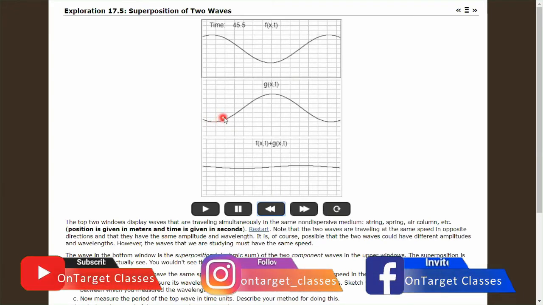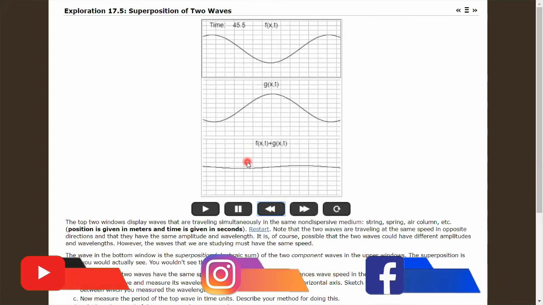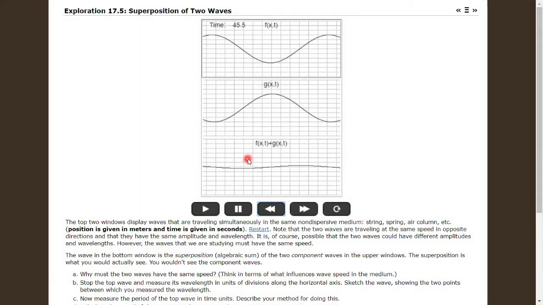So we will say that these two waves are out of phase, and the resultant we will get is destructive interference, and the resultant wave will have minimum amplitude or zero amplitude.